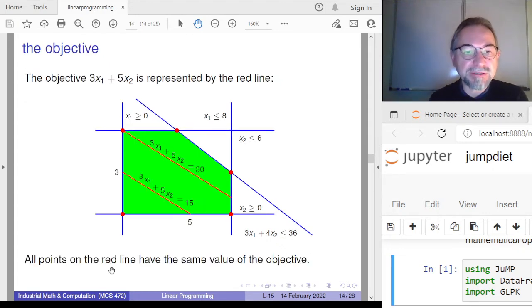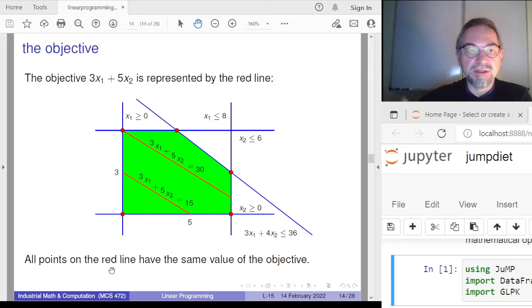Then we have the objective function. So we can visualize the objective function as well: 3 times x1 plus 5 times x2. If you decide, and we will optimize this problem, then we see that it's actually better to produce units of x2. But we can only have 6.